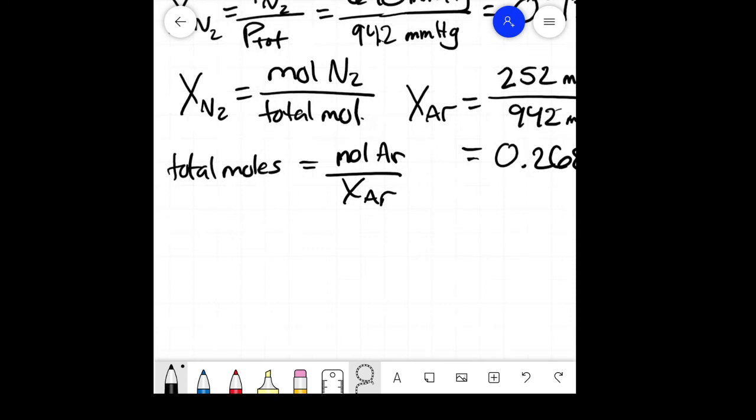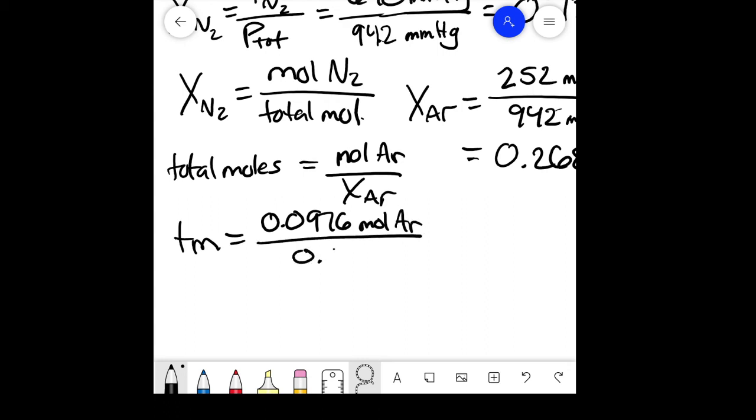So total moles, Tm, equals, we had 0.0976 moles of argon earlier, over our mole ratio, 0.268. Put that in the calculator, that gives you 0.364. So this is how many moles total are in this mixture.